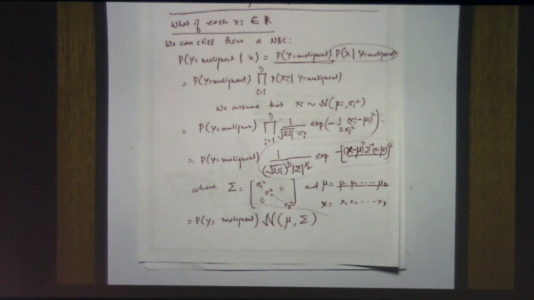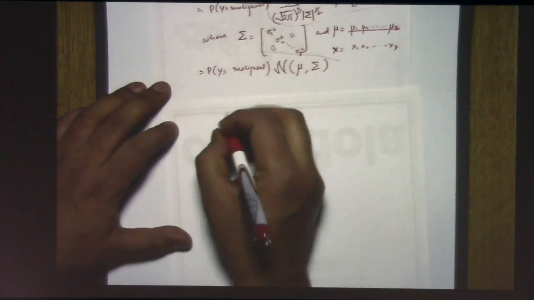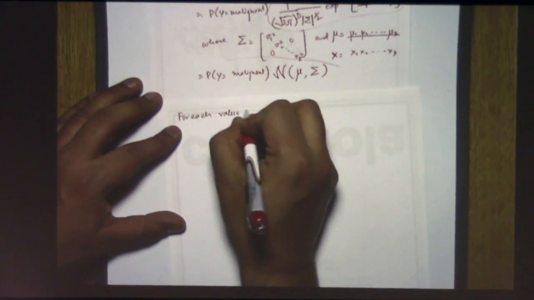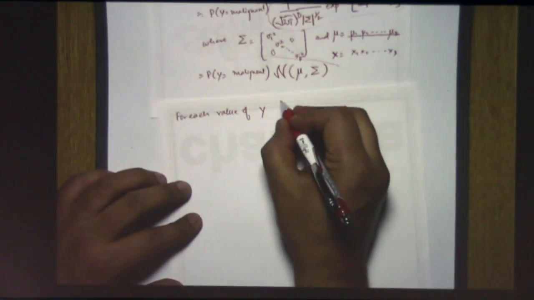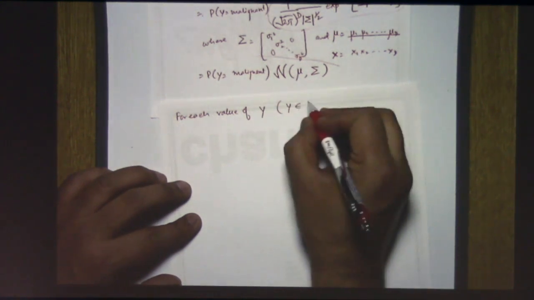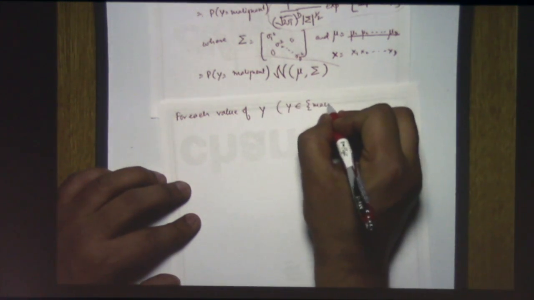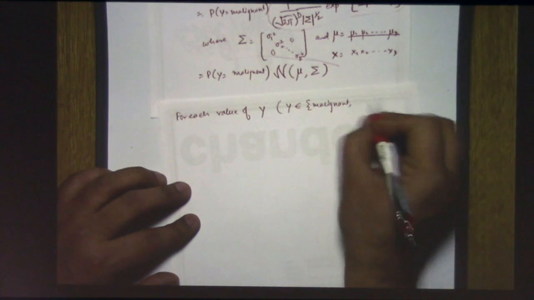So now how do we use this? That is what I ask you in the assignment. What we are saying is that for each value of y, so remember y can take a few values, let's say y belongs to a set of malignant and benign, which means that it can only take two values.